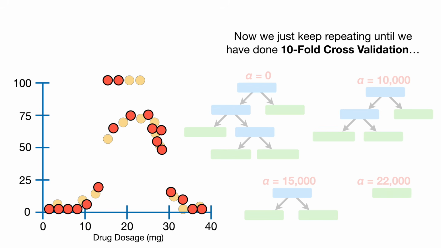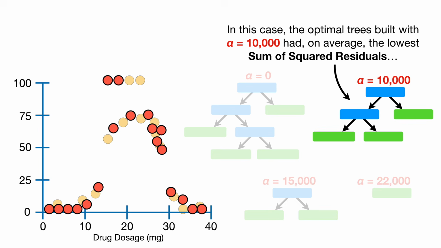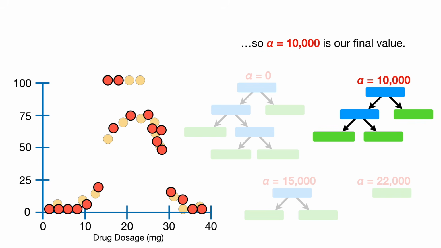Now, we just keep repeating until we have done tenfold cross-validation, and the value for alpha that, on average, gave us the lowest sum of squared residuals with the testing data is the final value for alpha. In this case, the optimal trees built with alpha equals 10,000 had, on average, the lowest sum of squared residuals. So alpha equals 10,000 is our final value.